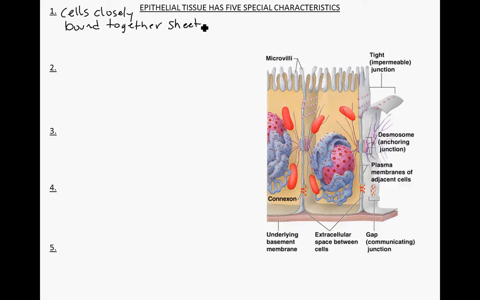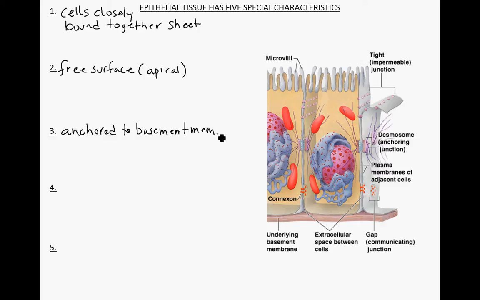Second thing is that there is a free surface to the epithelium, and we refer to that as the apical surface. And a third characteristic is that the cells are anchored to a basement membrane, which is made of connective tissue, CT connective tissue, not cellular.